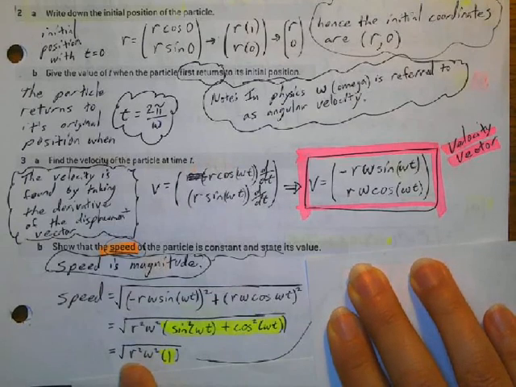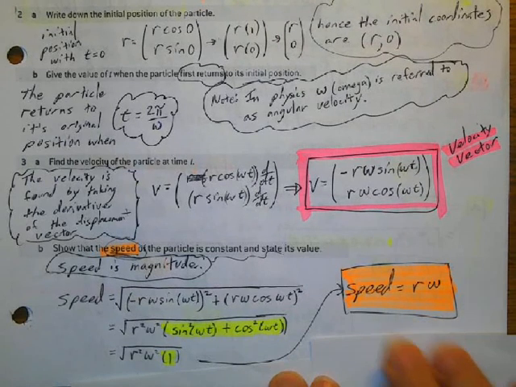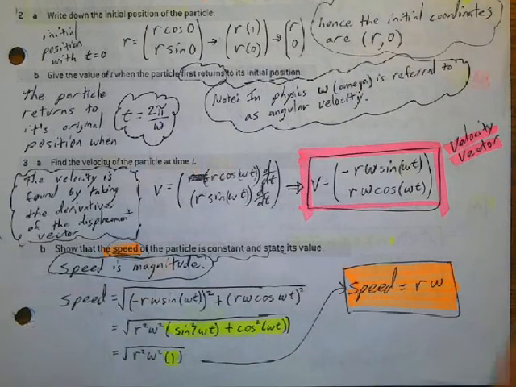So if I take the square root of r squared and omega squared, we are simply left with speed equal to r omega. This will come back in the next page or so. Hit pause anytime you need to think about this, or rewind.